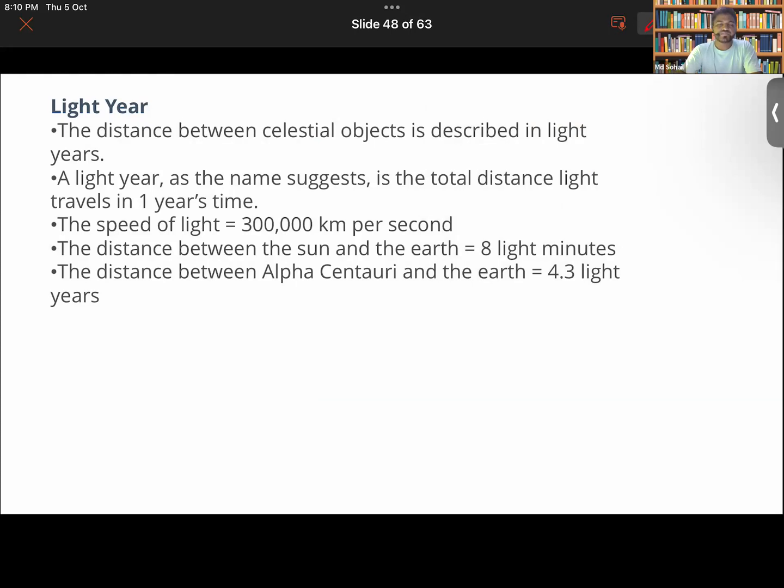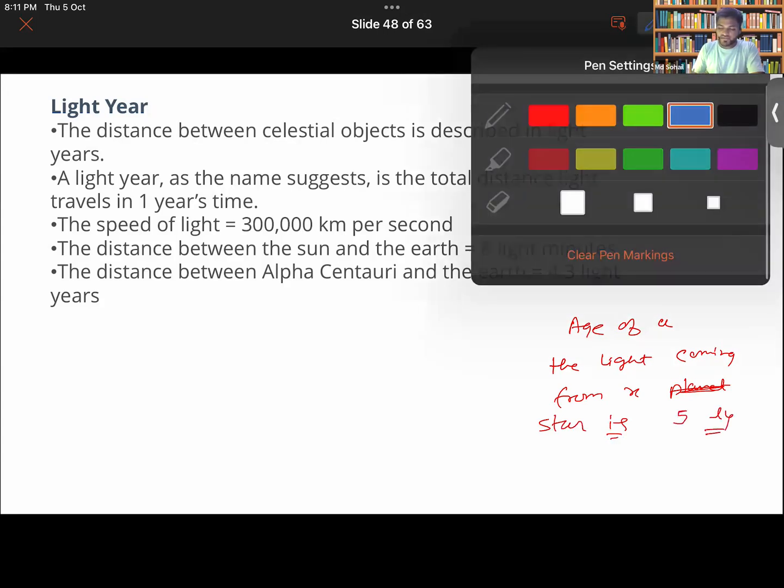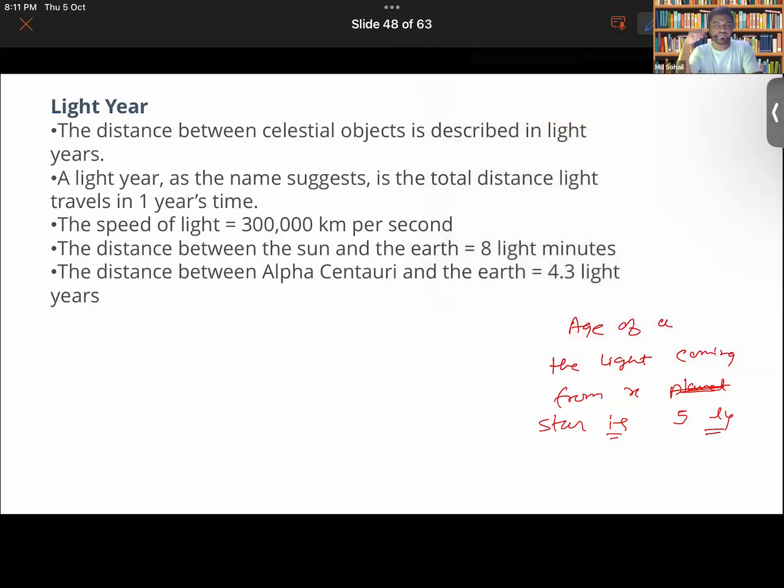So if I say that light coming from X star is, let's say, 5 light years away, what does it basically mean?